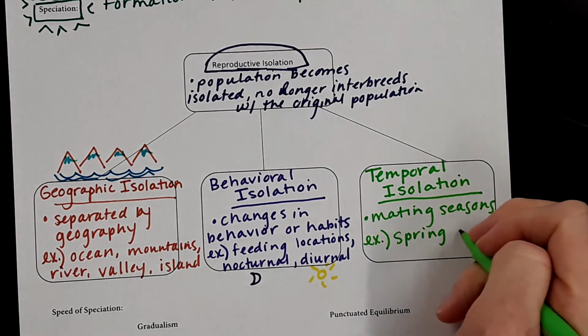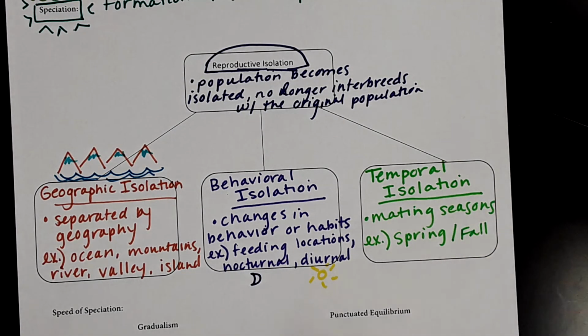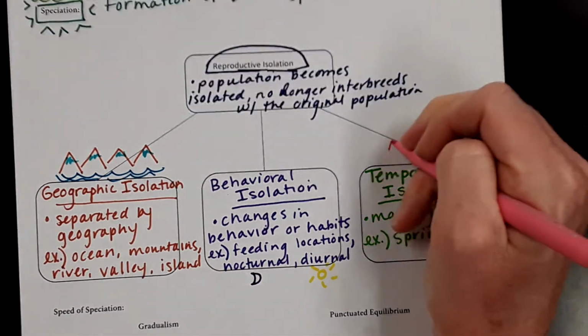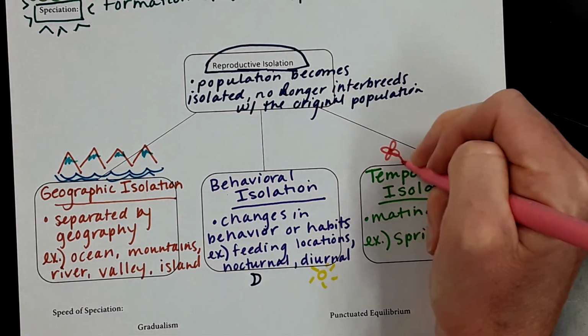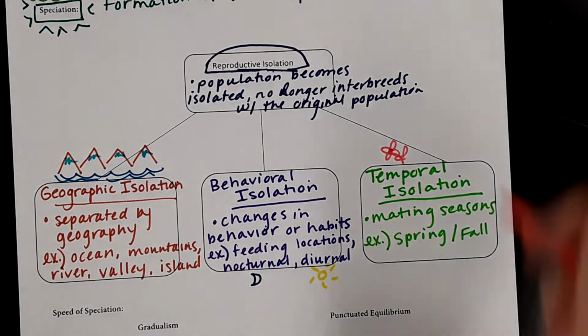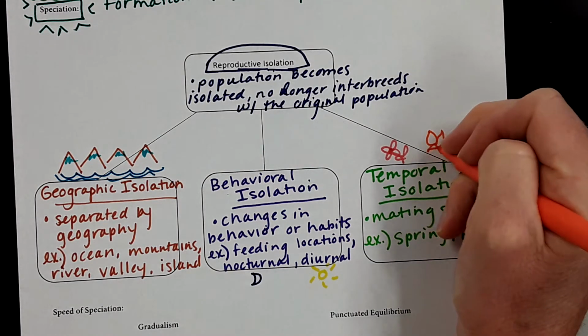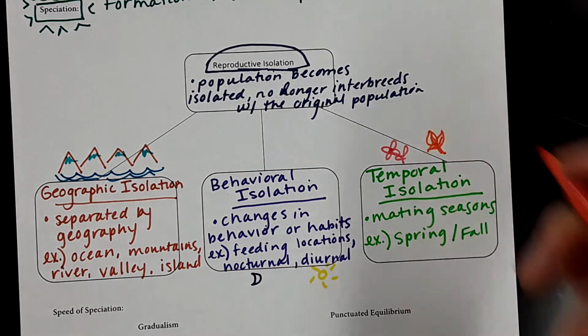So they have different mating seasons, spring versus fall, or winter versus summer, or they don't even have to be opposites like that. Maybe one group is mating a little earlier in the spring and the other group is mating a little later in the spring. As a result, eventually they could lead to different groups or different species. I'll draw flowers for the spring and some little maple leaves to represent the fall.